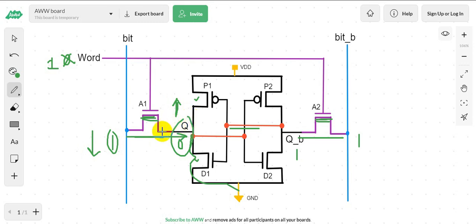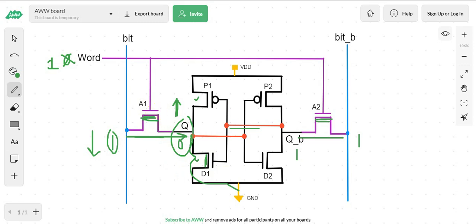At the same time you can see the D1 transistor is also on and connects Q to the ground, right? So if Q keeps increasing, D1 is also trying to pull node Q towards 0. You can see there is a fight between the D1 transistor and the A1 transistor, right?